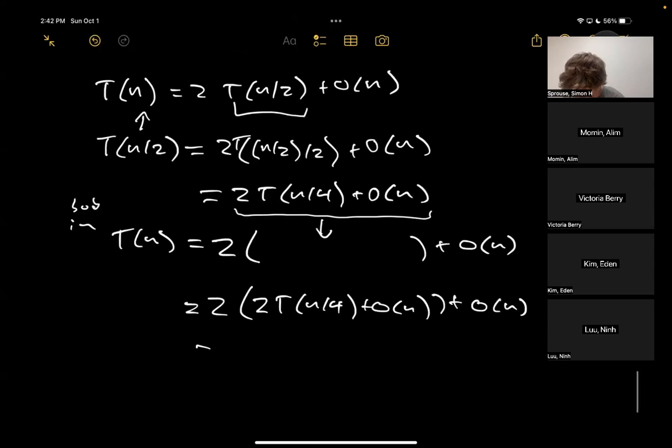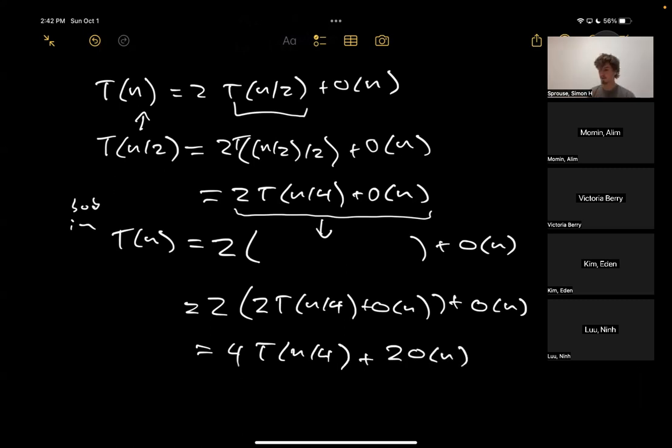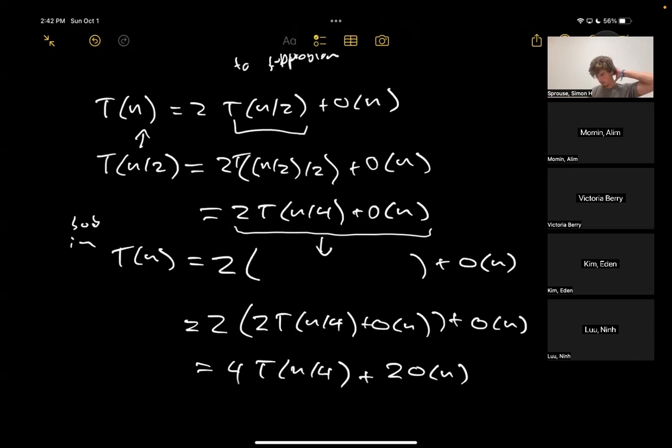And that works out to 4T of n over 4 plus 2 O of n. Okay, so sorry for the speed at which I did that. I trust y'all's algebra skills, so I think where people would get confused on this step would potentially be what these numbers mean, not how you actually manipulate the formulas. I think the manipulation is pretty easy.